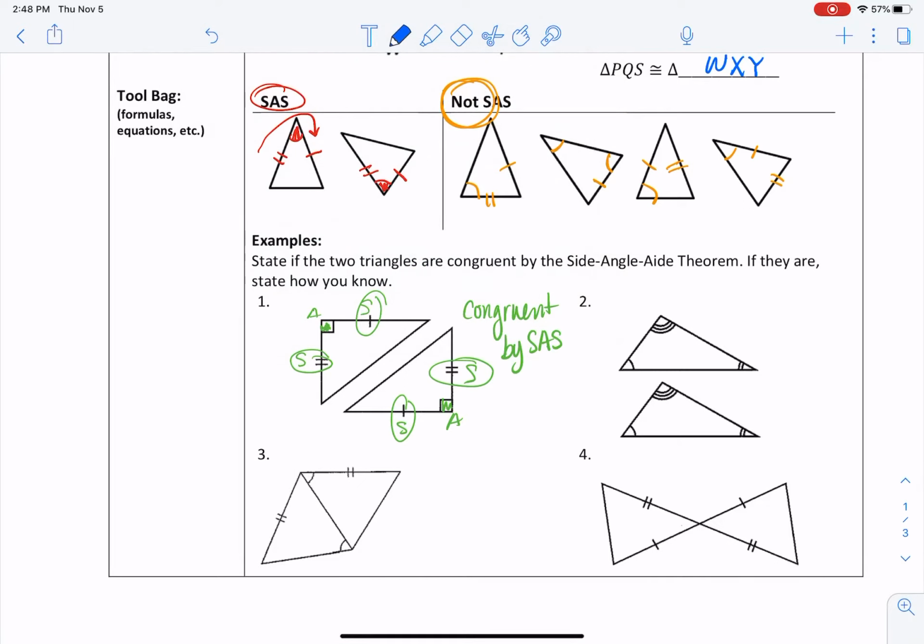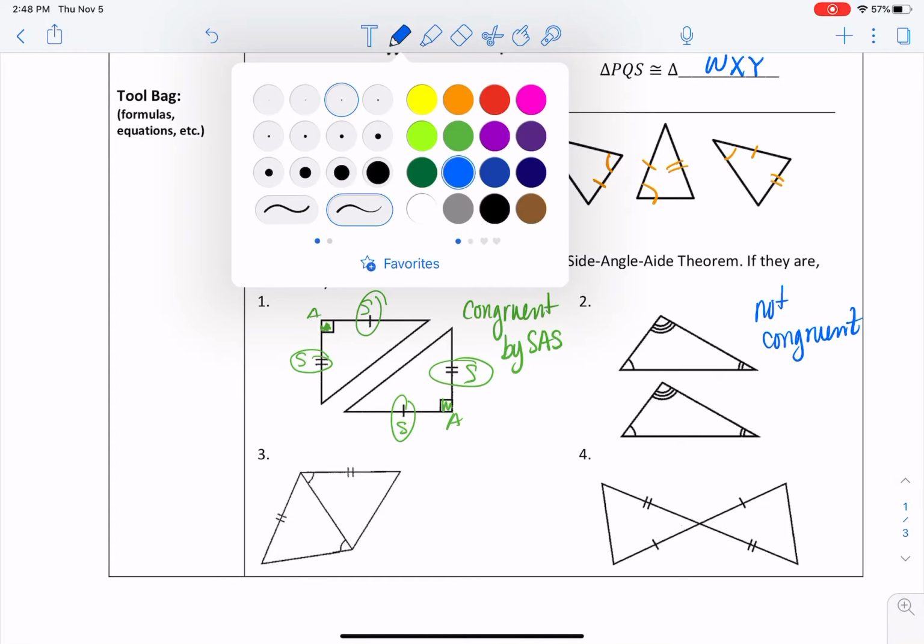When I look at number 2, I don't have any sides that have been marked. And just because something has the same angles doesn't make it the same size. So I cannot determine if these are congruent with the information that's provided.